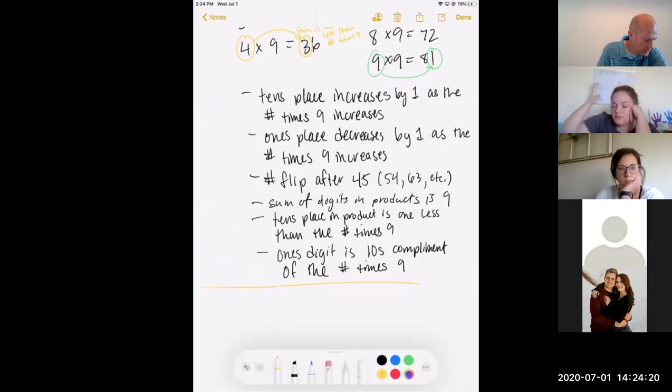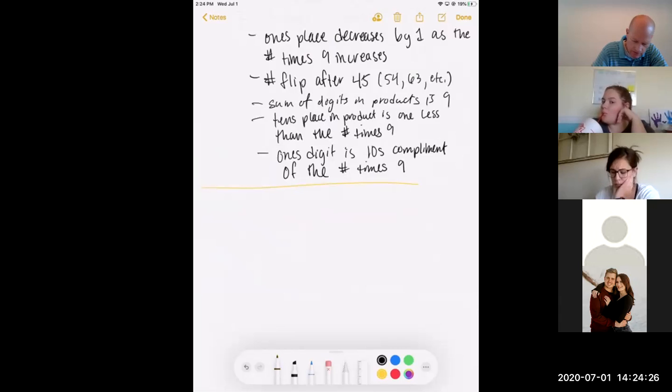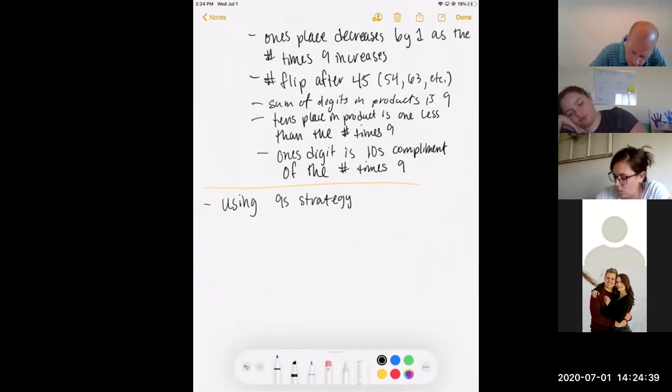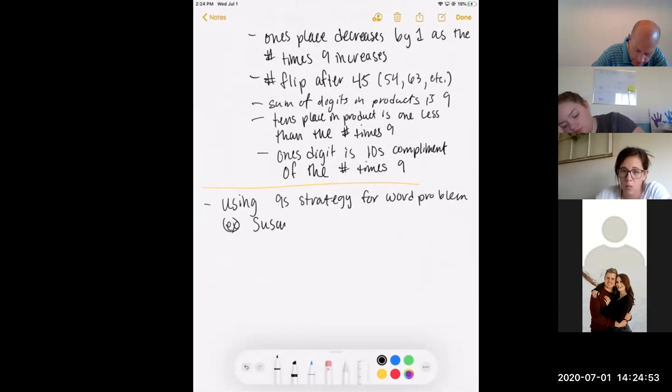Okay, so a couple other things for mental math. They have some word problems, so we like to connect to word problems. So they use the nines strategy again. I have a couple of those. Okay. So for an example, Susan wanted to wrap 9 presents.